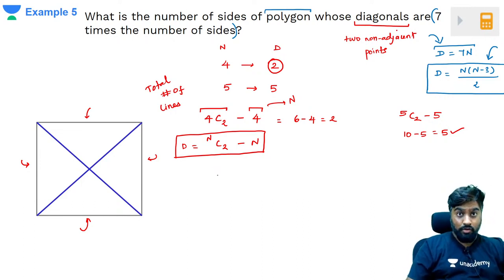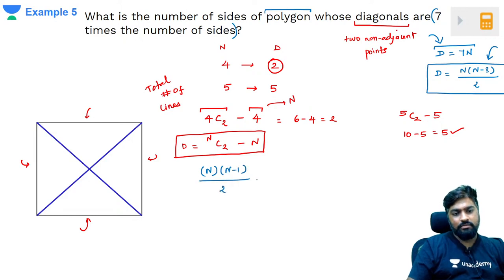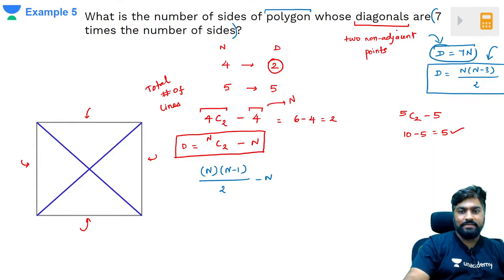Once that is sorted, we could directly jump into finding out the number of sides of this polygon, right? So what are they saying? First let's look at this. nC2 is n into n minus 1 by 2, minus n, correct? They're saying number of diagonals is 7 times the number of sides.